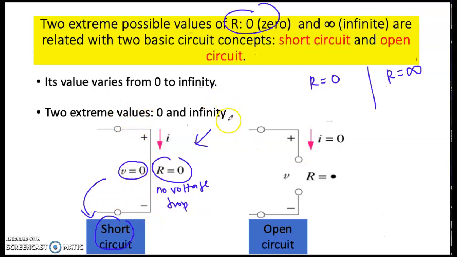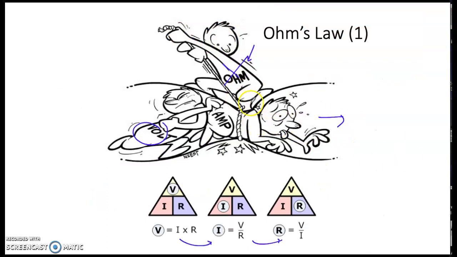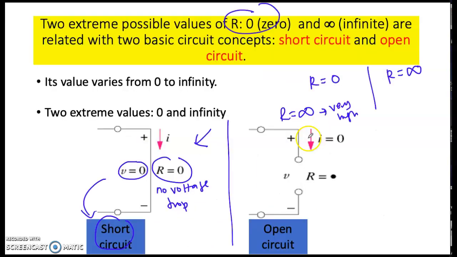But what will happen when R equals infinite? Infinite means very high. So go to this analogy again. You have a voltage trying to push the current, but your resistor here is very tight, so the current will have difficulty going to the other side, right?